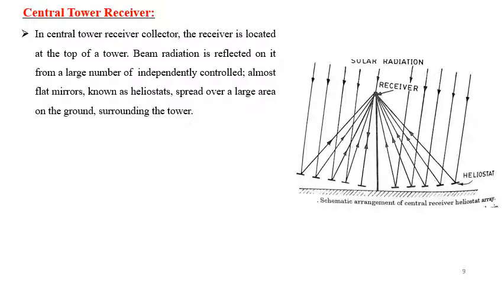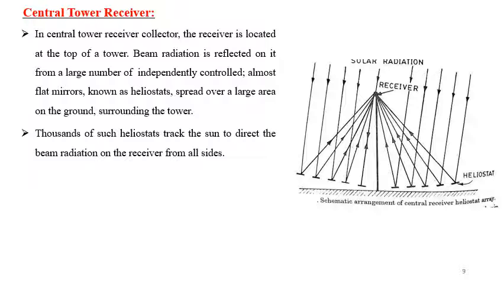Next is the central tower receiver. In the typical central tower receiver, the mirror is composed of many small mirrors, each with its own heliostat to follow the sun. The heliostats are generally located in the horizontal plane, but when the situation is favorable, they can simply follow the existing terrain.